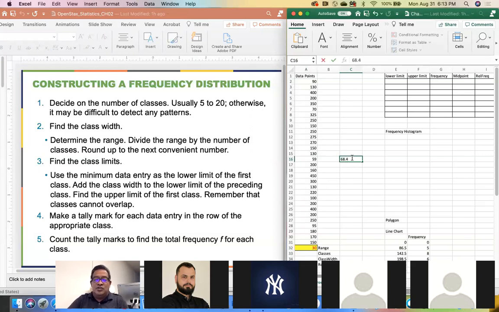So, for example, if I have 68.4 as my class width, what am I going to do? I'm going to use 69. Even though this number is below .5, it doesn't matter. Even if I have 68.1, I'm going to round it up to the next integer, so I'm going to use 69.